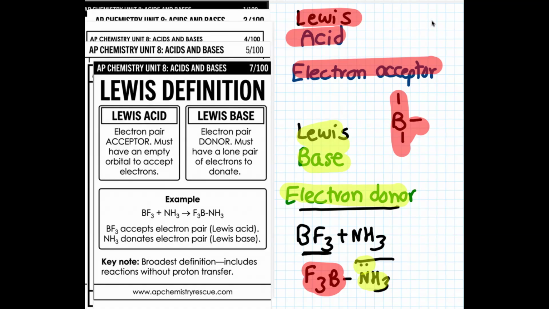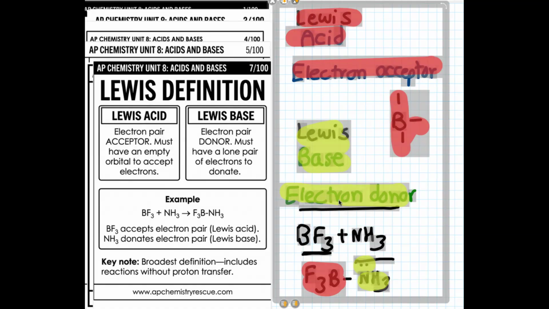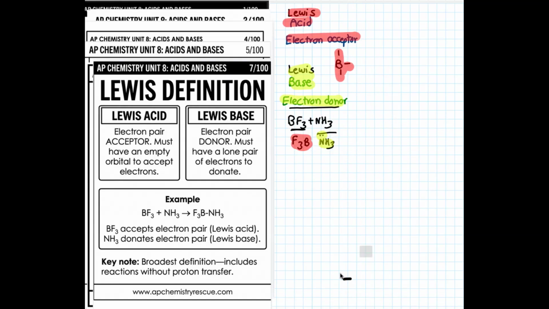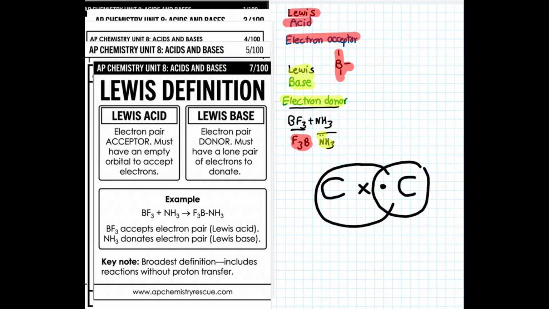Why is that? Because the coordinate covalent bond is a bond that's made when one of the substances doesn't have enough electrons to share. The normal covalent bond is made when every atom shares one electron. So this one shares an electron and this one shares an electron.